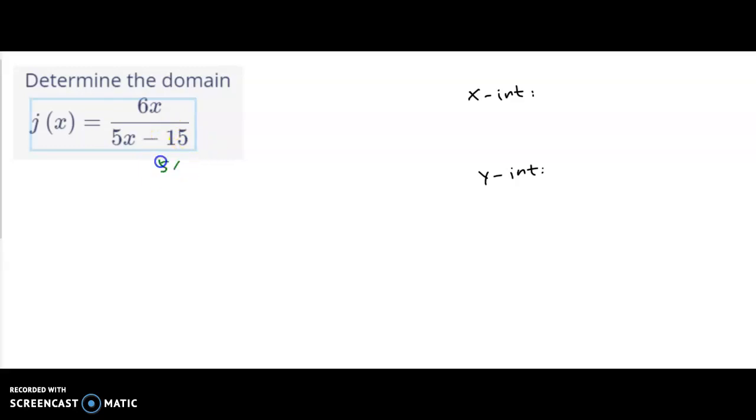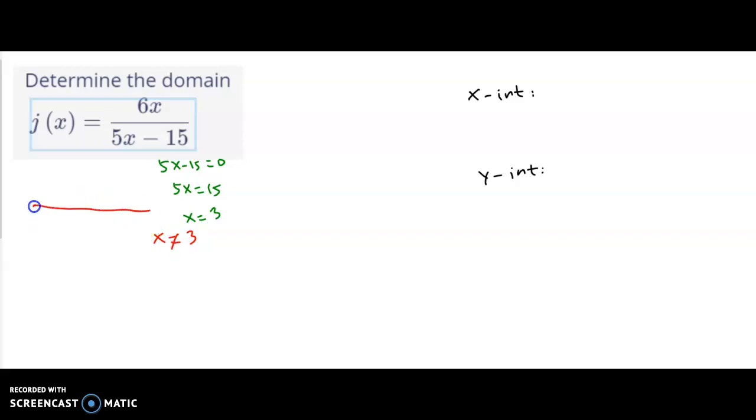So if I set this equal to 0, and if I solve this, I get x equals 3. So x actually cannot equal 3, right? Because if you do plug in 3, then it makes the denominator equal to 0, okay? So 3 is like the cutoff, right? x cannot equal 3, okay?